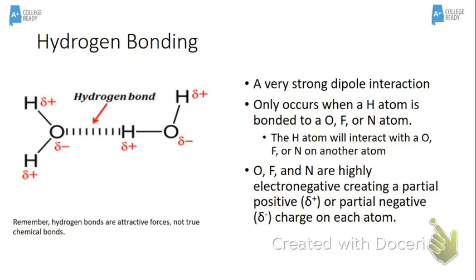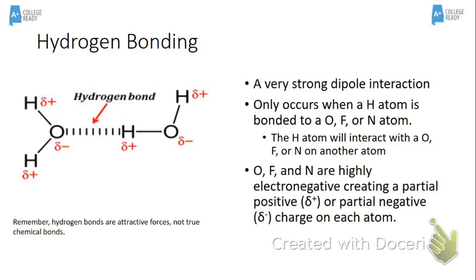If you have no oxygen, fluorine, or nitrogen attached to that hydrogen, it cannot and will not hydrogen bond. Now, if you have what I like to call FON attached to a hydrogen, it will interact with another oxygen, fluorine, or nitrogen on another molecule. But that, again, is only if that hydrogen is attached to a fluorine, oxygen, or nitrogen.